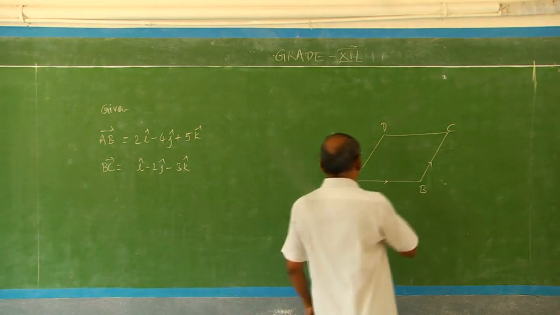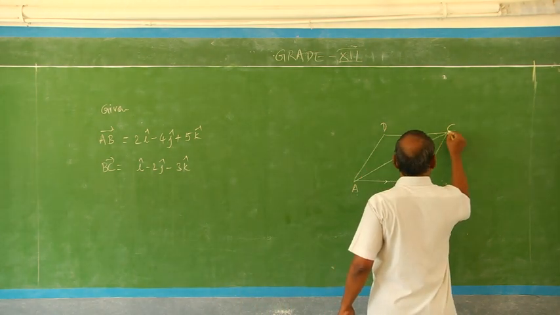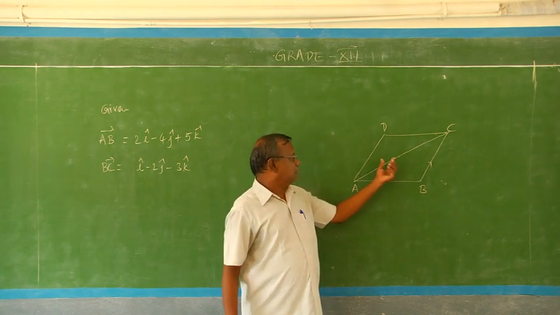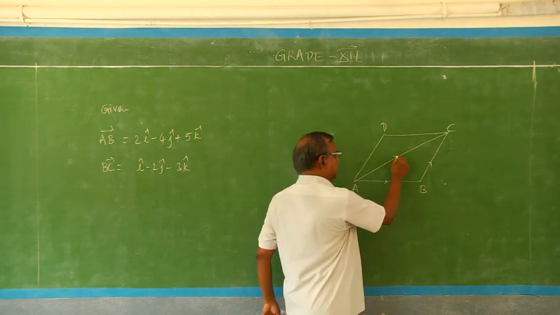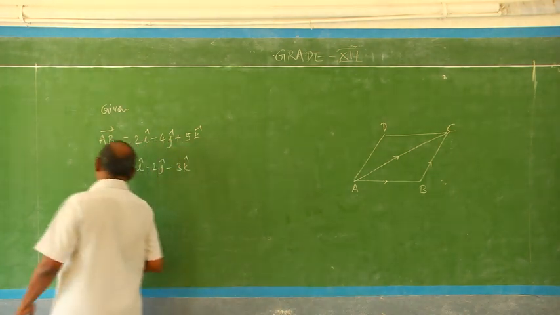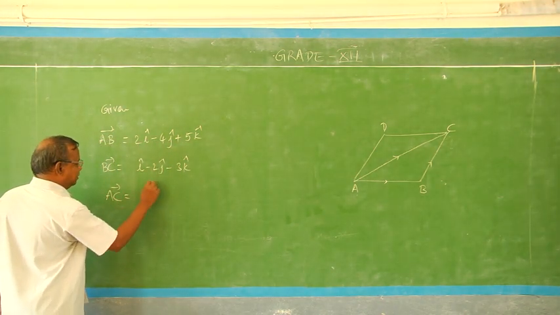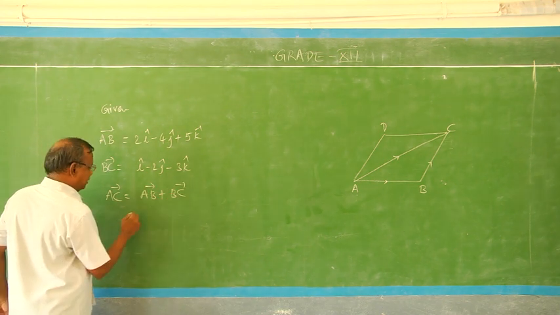Now we need to find a unit vector along the direction of, or parallel to, the diagonal AC vector. The diagonal AC vector is given by AB vector plus BC vector.